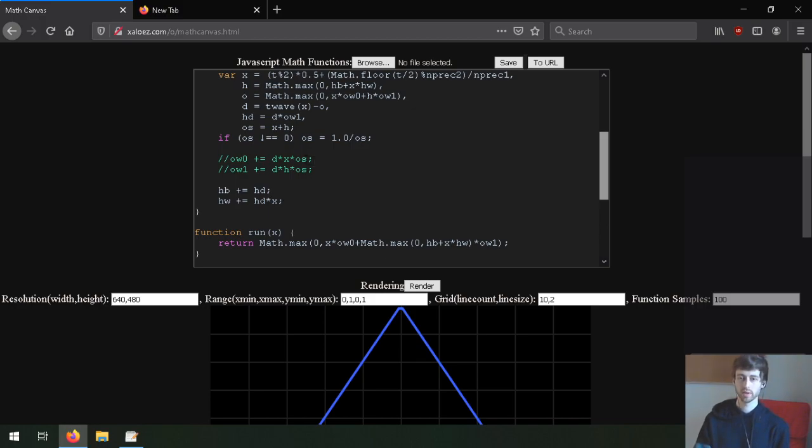How we multiply by x here. OS. Maybe actually backpropagate this value to x times OS. No, that made it way worse.